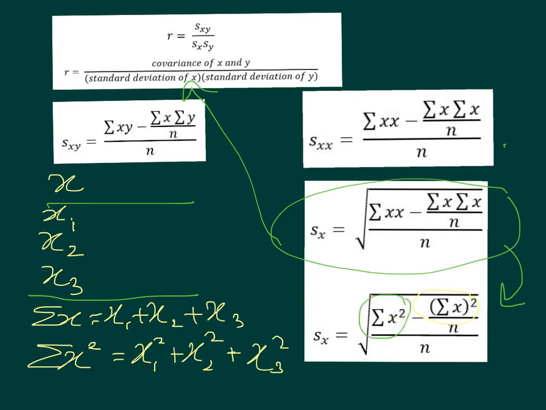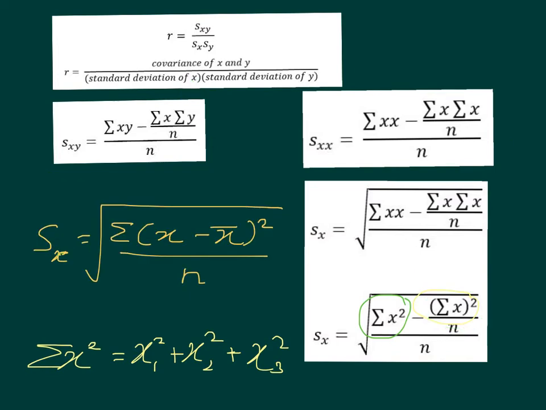Sum of x squared, on the other hand, means squaring all the observations individually, like this: x1 squared plus x2 squared plus x3 squared. So make sure we distinguish the sum of x, everything squared, from the sum of x squared. In terms of manual calculation, this is the preferred formula.